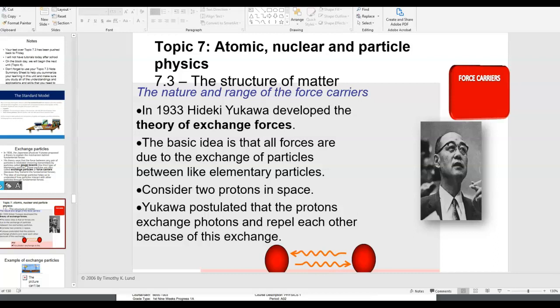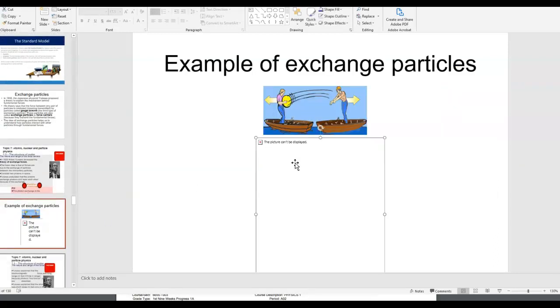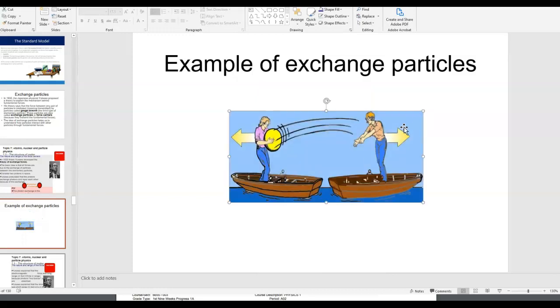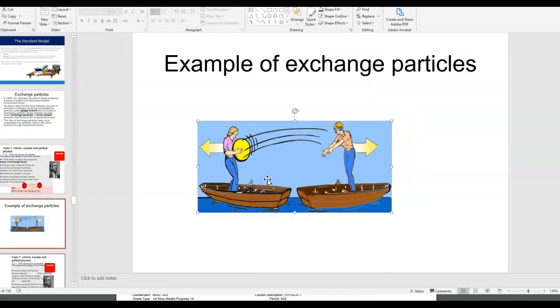The analogy, I guess you could say, is let's say you had two people each in a boat, and let's say each of these people represents a proton. By throwing this exchange particle back and forth, every time the exchange particle hits the other particle, it's going to cause repulsion.